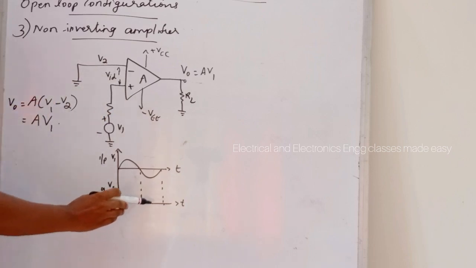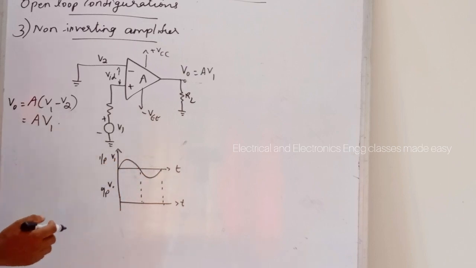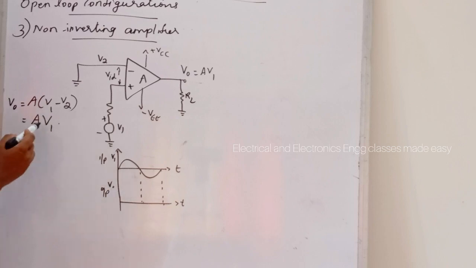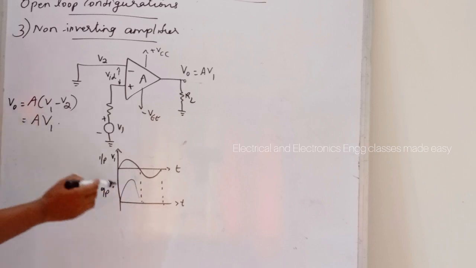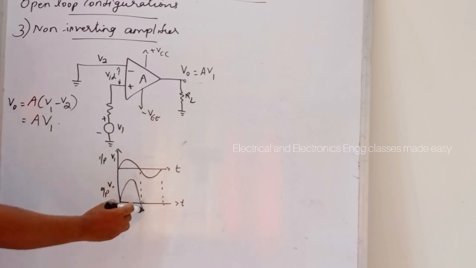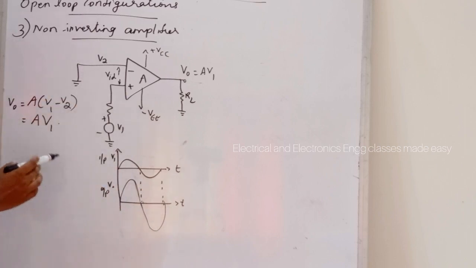And here what will be the input and output waveforms? So let this be the input waveform. Then it will be amplified by the gain A, and it is in phase with the input signal.